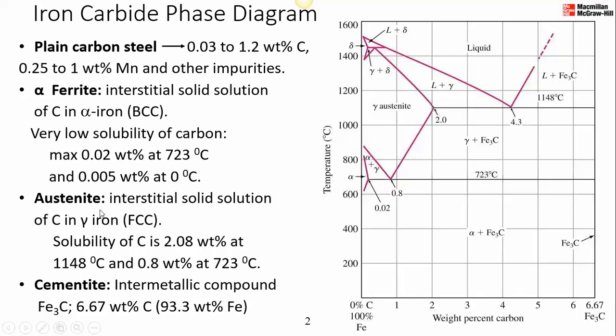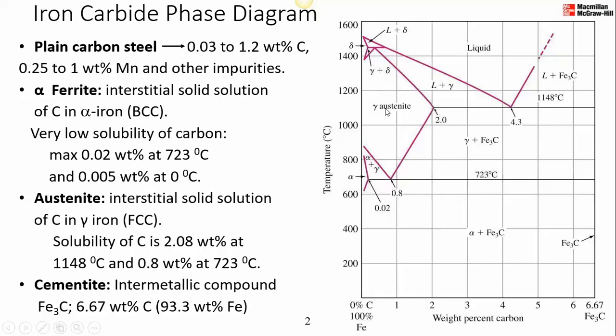Another important phase is austenite, also named gamma austenite. It is an interstitial solid solution of carbon in gamma iron, that is FCC. It has a face centered cubic structure.